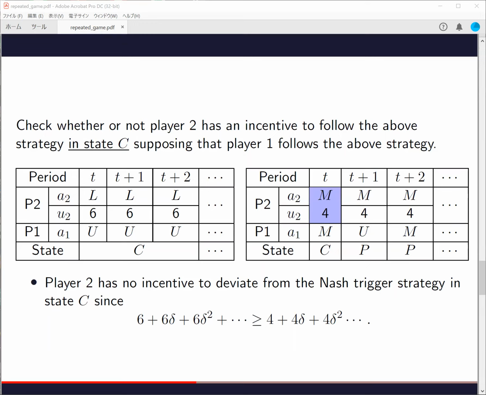If player 2 deviates to M, player 2 makes a one-period payoff of 4 in every period starting from today. It should be obvious that player 2 has no incentive to deviate to M for any value of the discount factor delta, from the inequality at the bottom of the slide.